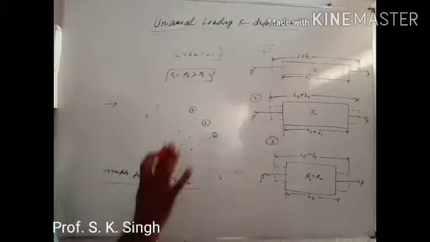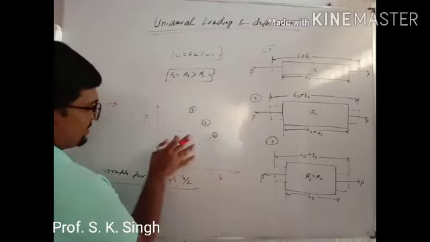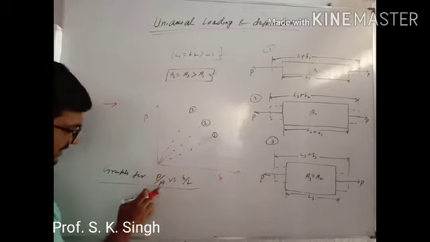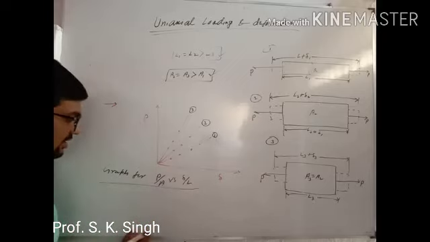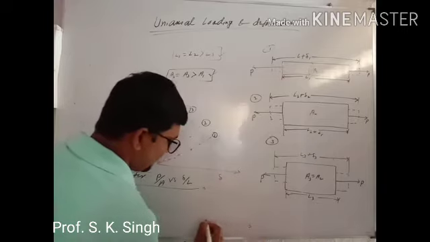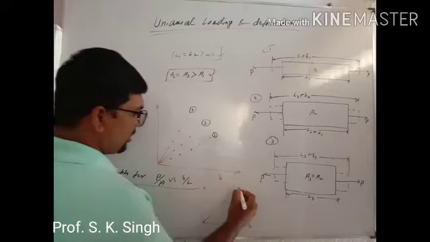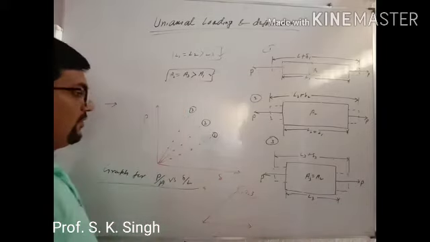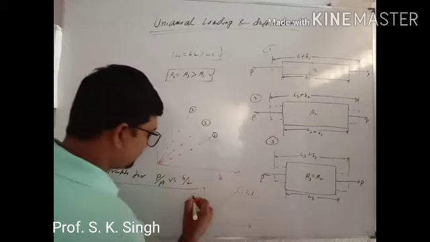Even though the force and deformation graph is different, if I go for force by area versus lambda by L, then you will get only one graph, a single line. It will merge all three. For the same material you will get the same graph.